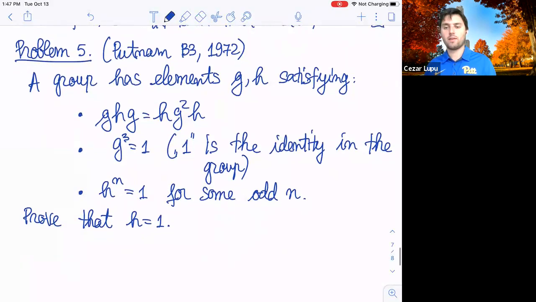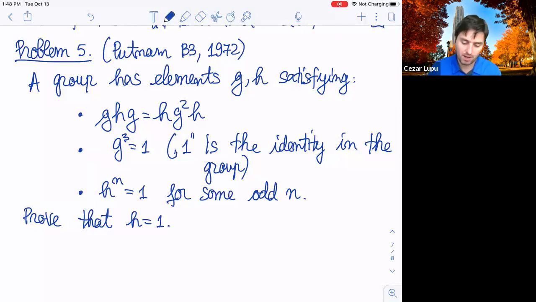Okay, I want you to look at it. Again, you have to play around with the operations in the group, and with these three conditions.